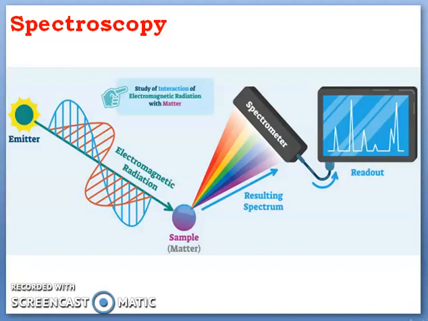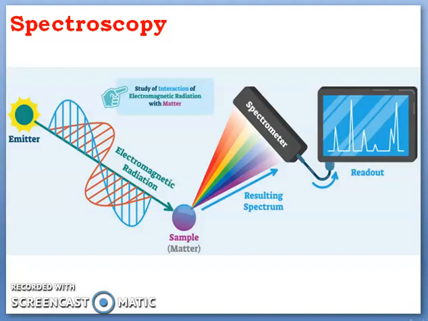We have different types of spectroscopic techniques, but the common instrumentation pattern is like this. We have a light source, presented as the emitter, which gives off electromagnetic radiation, and it is irradiated on the sample, which is the matter.